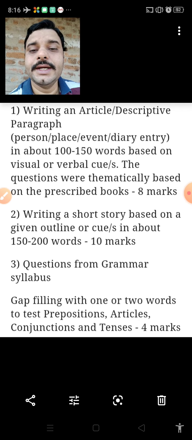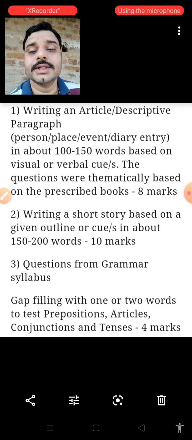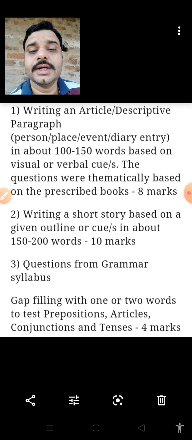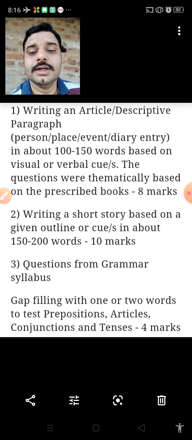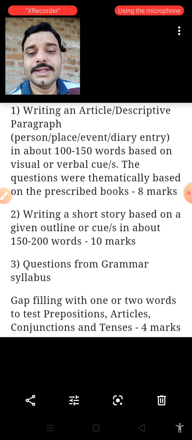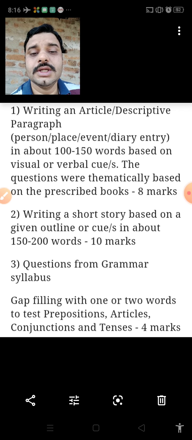Now it is the writing and grammar part. It also carries 30 marks. Writing an article or descriptive paragraph, that is a description of a person, of a place, event, that is report writing, diary entry, in about 100 to 150 words based on visual or verbal cues.